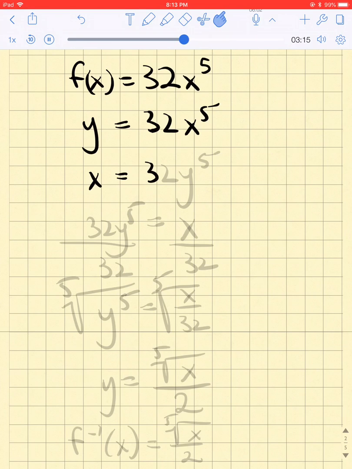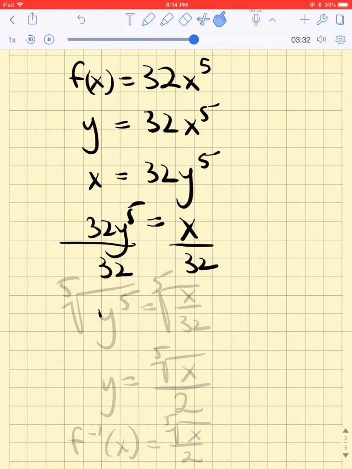X equals 32y to the 5th. Now solve for y. So what we have is 32y to the 5th equals x. Divide both sides by 32. And I have y to the 5th is equal to x over 32.